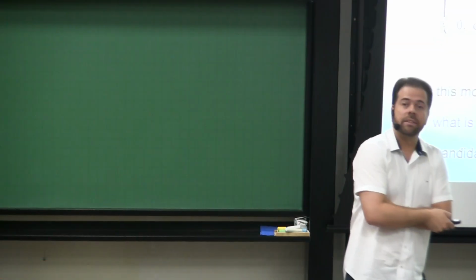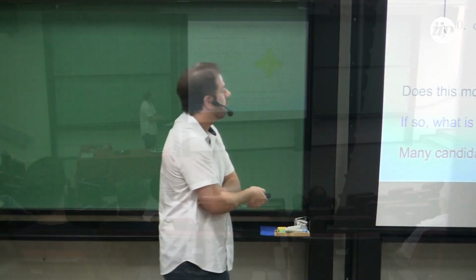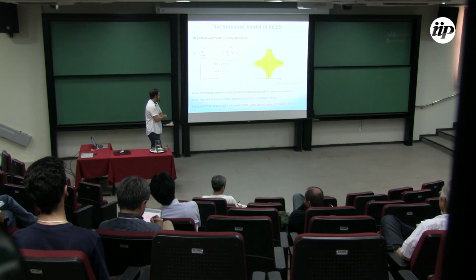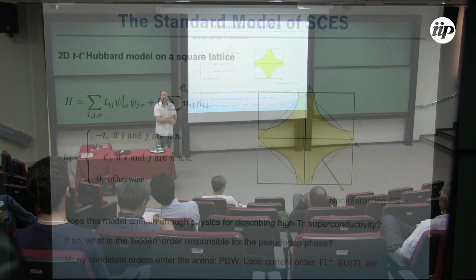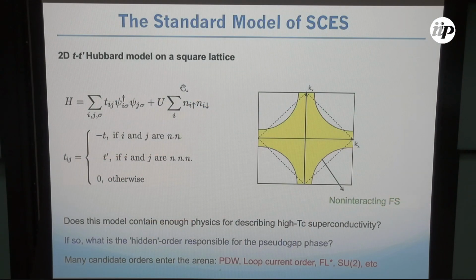And if yes, what is the hidden order responsible for the pseudogap phase? So many candidates enter the arena. There are proposals for pair density wave phase, loop current order, fractionalized liquid, SU2 pseudospin symmetry, and so forth.